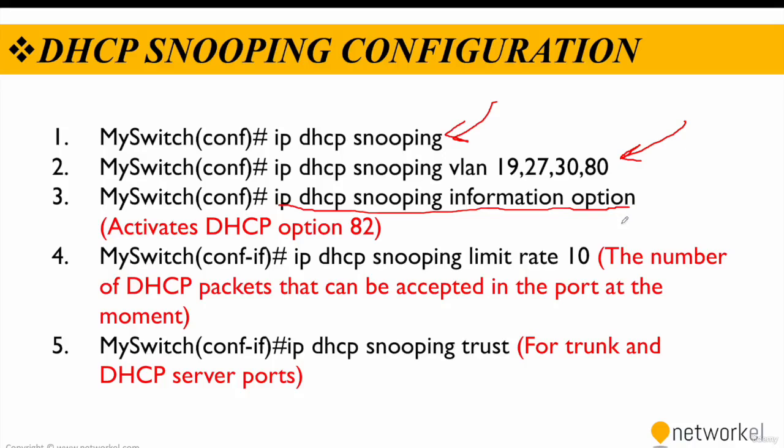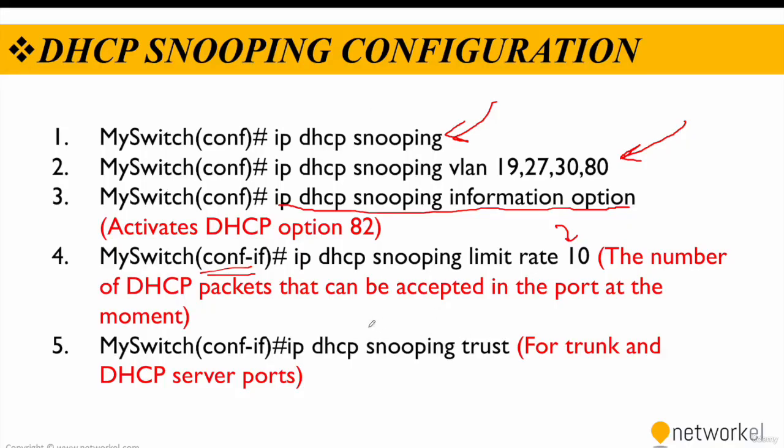That is a feature which enhances the DHCP snooping capability by allowing the switch to include additional information in the DHCP packets that it forwards. Then I go into interface mode and type ip dhcp snooping limit rate, and I give a rate. That defines the number of DHCP packets that can be accepted on the port at the moment.